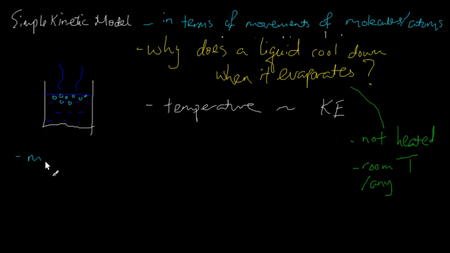So you can have some with more velocity, some with less, some go left, some go right, some go up, some go down. Random motion, random speeds and direction.